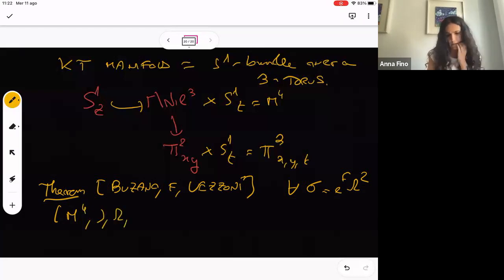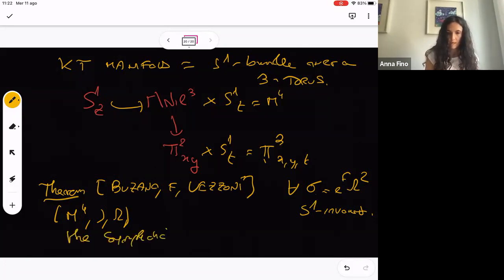Here we can take omega the same as the other one, but it doesn't matter so much. The important thing is that here this sigma is just S1 invariant, which means that the function is a function on this torus, in fact T3 with X, Y, T. We show again that the symplectic Calabi-Yau problem has a solution.